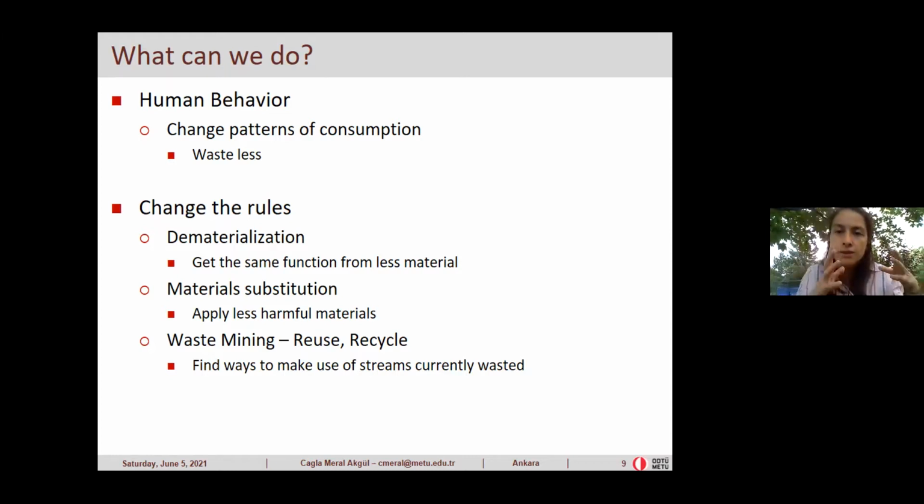Replace the ones that are critical for the environment with less critical ones. And the third option is waste mining: reuse and recycle. Find ways to make use of streams currently wasted, if possible. So these three rules, dematerialization, material substitution, and waste mining, together with enhanced human behavior, will significantly alter our waste generation.